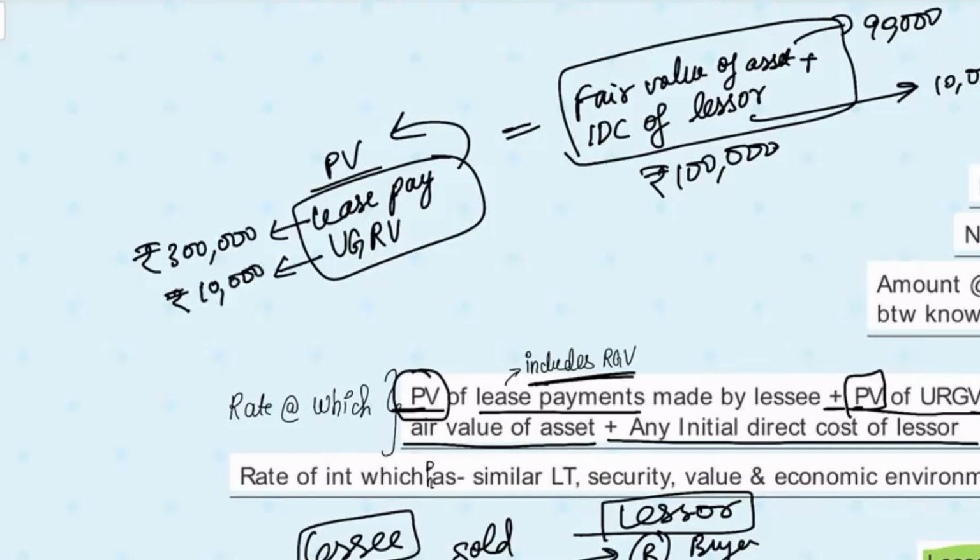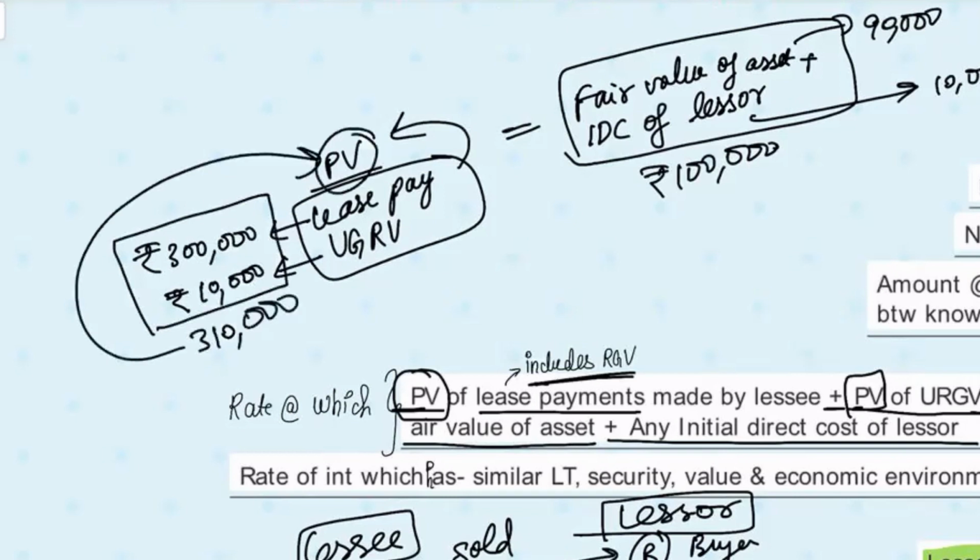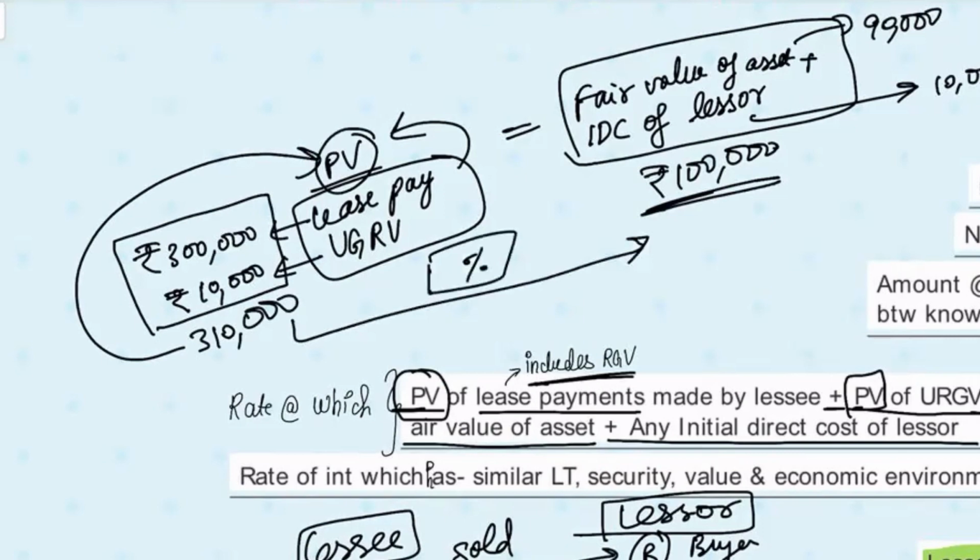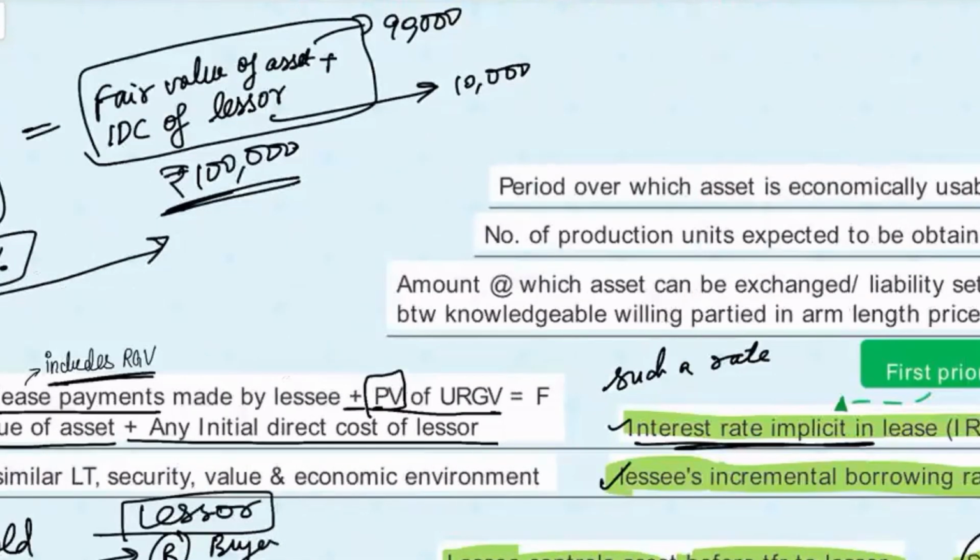Okay, so here at the rate where this 3,10,000, if you pull it to the present value, it is going to become 1 lakh. So it is a rate at which this 3,10,000, if pulled to the present value, will become 1 lakh. So that rate or that percentage will be known as your interest rate implicit in lease.